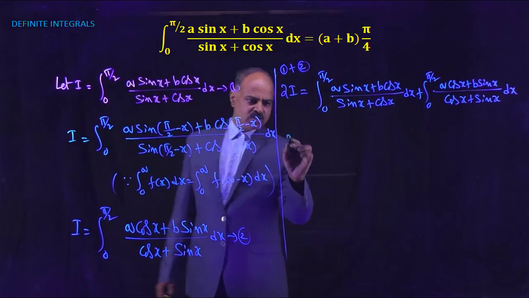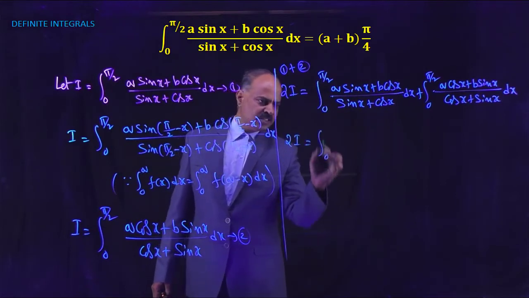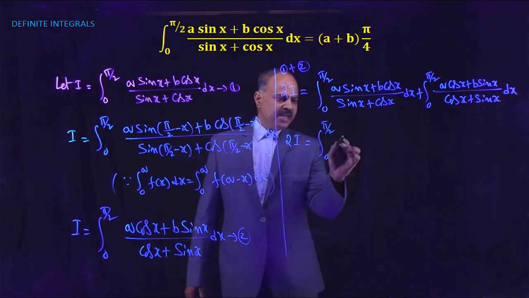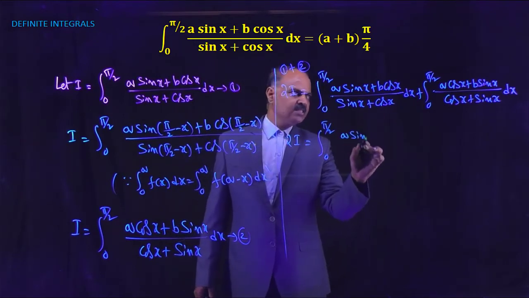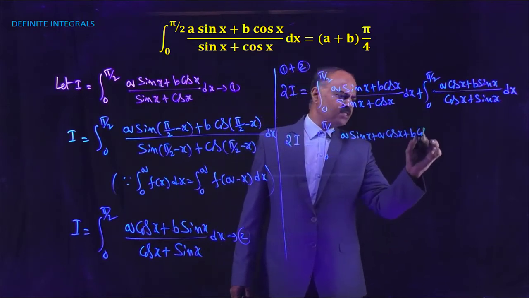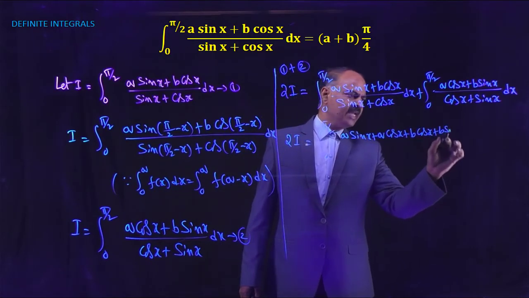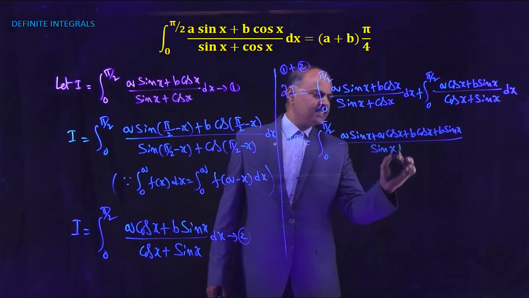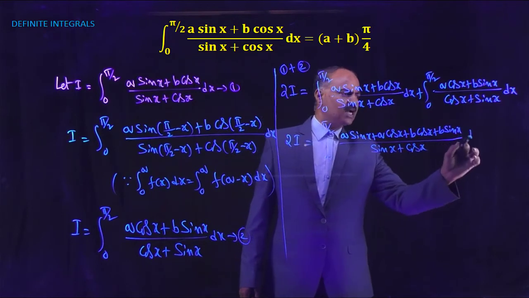Now 2I equals integral 0 to pi by 2 of (a sin x plus a cos x plus b cos x plus b sin x) by (sin x plus cos x) dx.